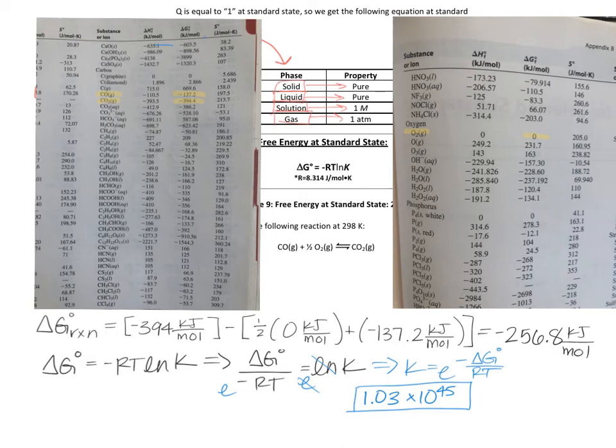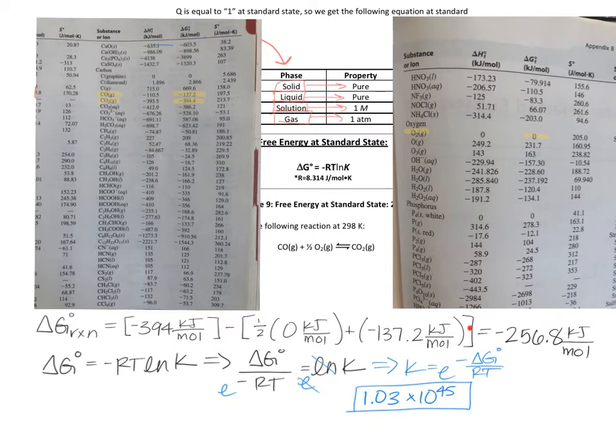All right, so the first thing we did was solve for delta G of reaction, plugging in the values from the thermodynamic tables up above. Notice CO2 and CO are on the left-hand side, and oxygen is on the right-hand side with a value of 0. So I plugged those in.